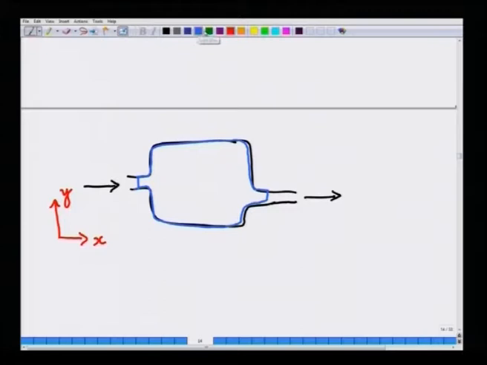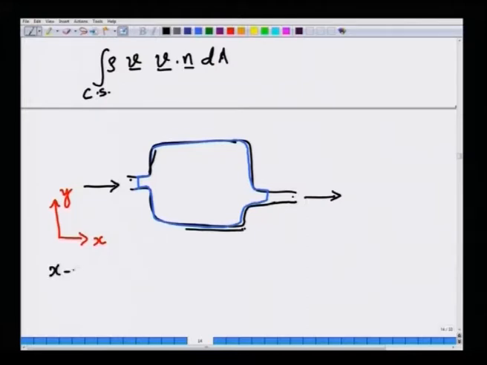Okay. So, let me write down the flux term like this, rho V dot n. This is the term that we are trying to understand carefully over the control surfaces. Now, there is no flow in this part of the control surface. So, the flow is only through the entry and exit. Now, if you have the coordinate system like this, I want to write the x component of the term.